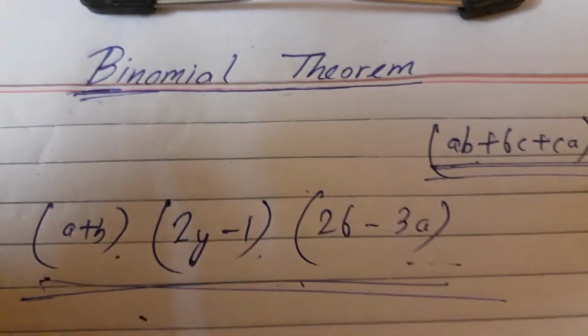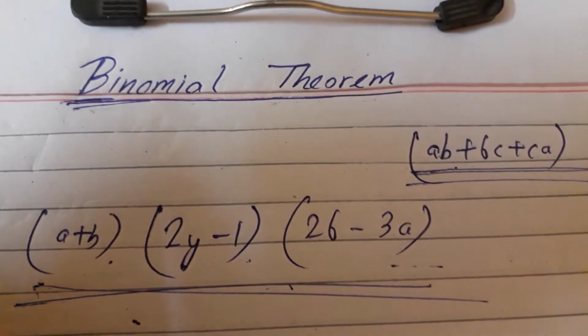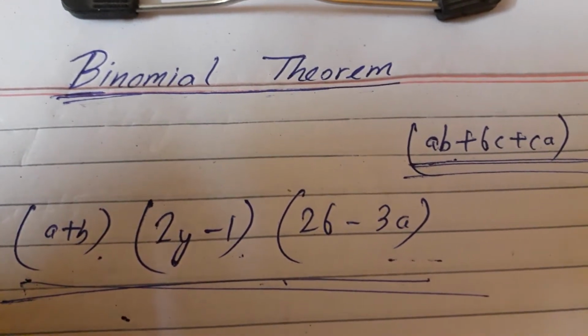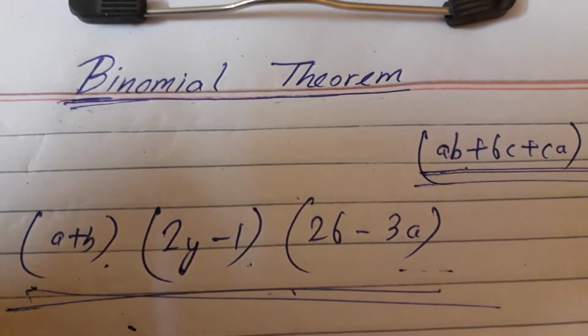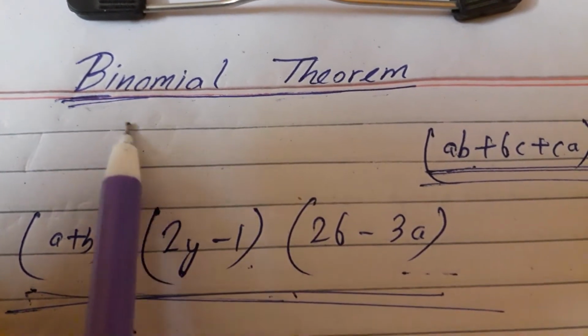To solve the expansion of a multinomial expression, we have to use the multinomial theorem, and to solve the expansion of a binomial expression, we have to use the binomial theorem.